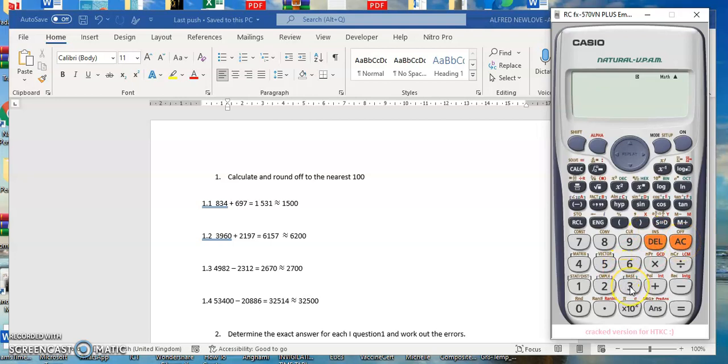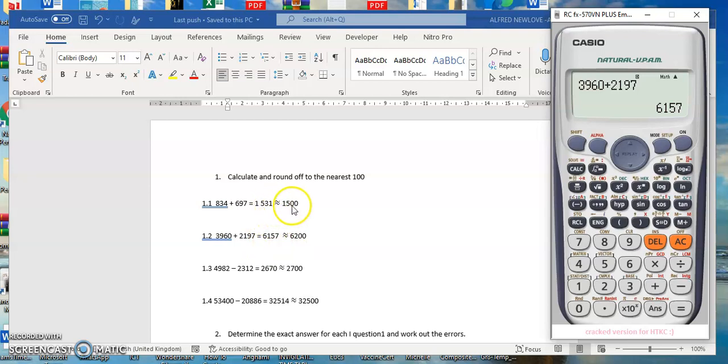I have 3960 plus 2197. If I have it, I'm going to have 6157. Now I have to round it up.